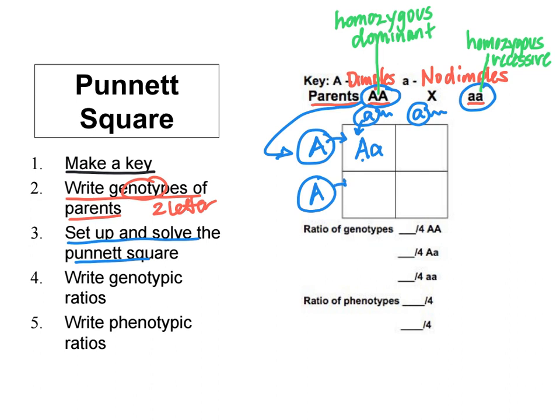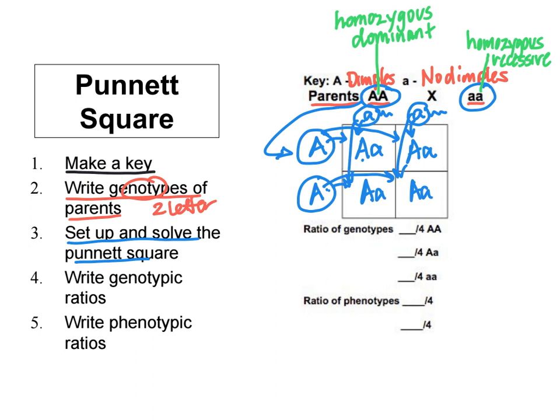If this big A and this little a get together, it is going to be a big A, little a combination. If this egg and this sperm get together, it's going to be big A, little a. And if this egg and this sperm get together, it's going to be a big A, little a. So you can see that there are 4 possible combinations. They all happen to be the same combination, but there are 4 combinations.